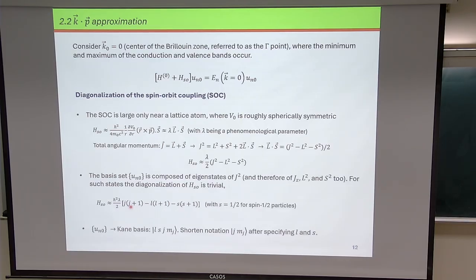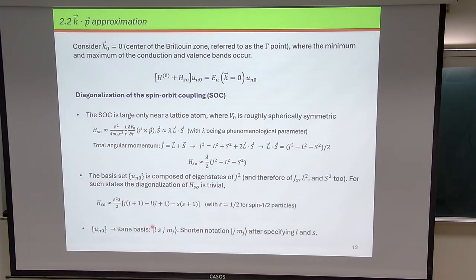All right, so my basis will be the eigenstates that transform like eigenstates of J squared, the total angular momentum squared. This basis depends on all these quantum numbers, L, S, J, and Mj. I will simplify the notation because L and S, I know S is 1/2, so I don't have to repeat it.